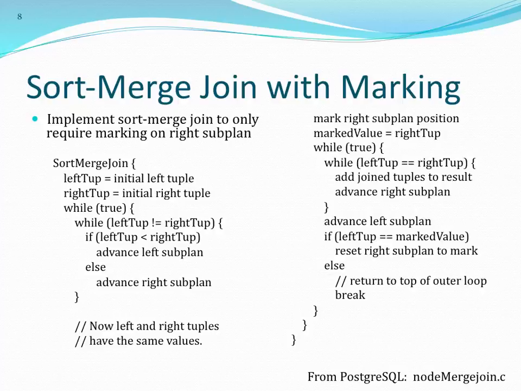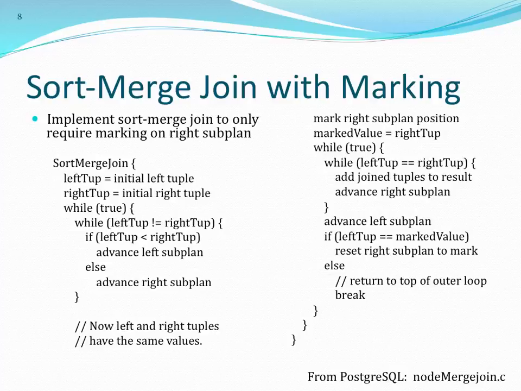Now, if it doesn't match, then I don't need to mark because I've finished joining that run, and I can go back to the top of my outer loop, which you can see is while true, and I scan again until I find pairs of tuples that might match. And then I generate my runs of matched tuples. Does that make sense, everybody?